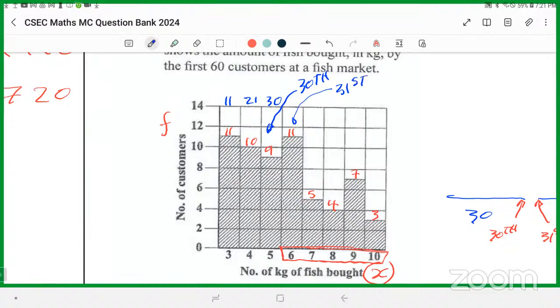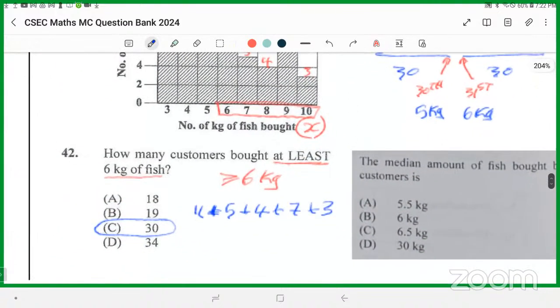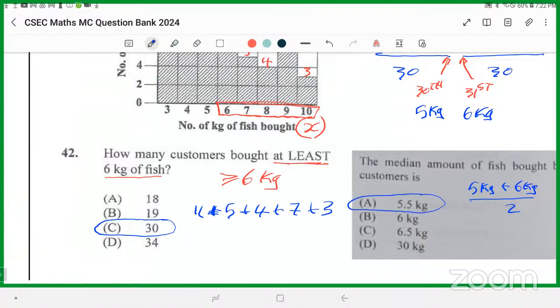So the mass taken by the 30th person in this group was 5 kilograms. And the mass taken by the 31st person in this group is 6 kilograms. The average of the 5 and the 6 kilograms is 5.5 kilograms. So it becomes 5 kilograms plus 6 kilograms divided by 2. That's 5.5 kilograms.